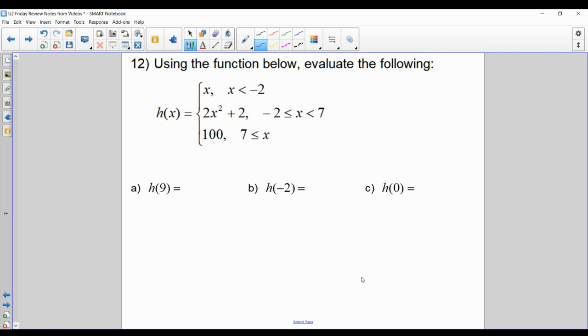All right, when we want to evaluate a piecewise function using the equations, what we have to do is take a look first at where we're trying to evaluate. So I'm looking here, I'm evaluating it at 9. So I have to see where 9 fits into the domain restrictions.